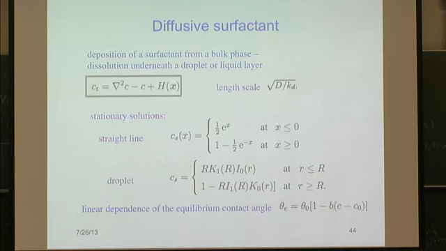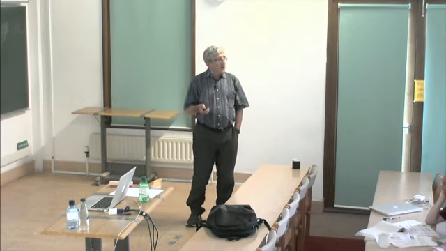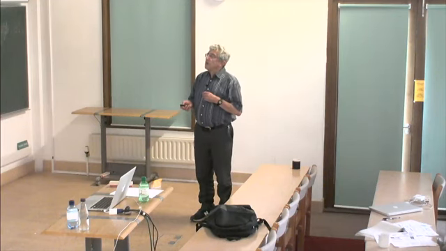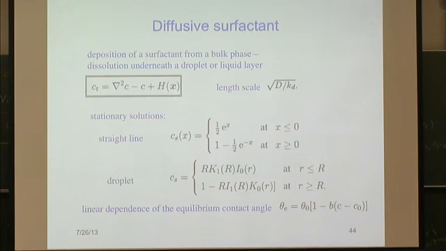Here is again this equation for surfactant, and before we saw only one instability, which is motion, but it is also possible here to have such a symmetry breaking instability. And so how do we study it? We ask whether a straight line boundary, a straight line meniscus, will be stable.